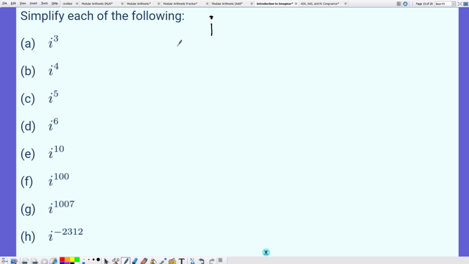i to the first power we know is the square root of negative 1. i to the second power is just the square root of negative 1 squared, which is just negative 1. Now, how about i to the third?